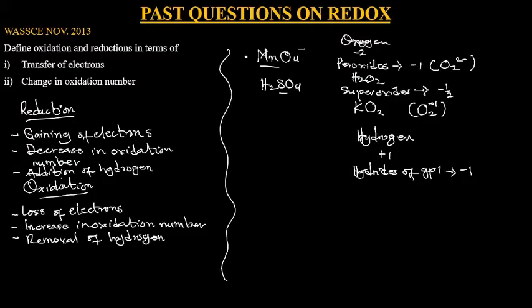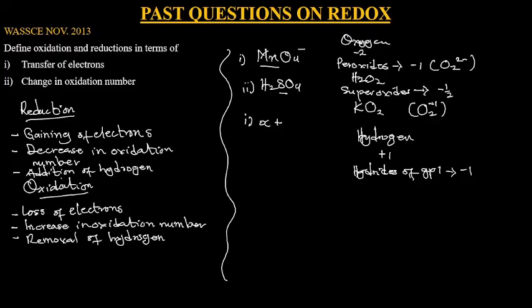So for example, in this particular example, you have MnO4 and you have H2SO4. Okay, so how do you find the oxidation state of manganese? So let's call the oxidation state of manganese X, and then we are adding everything, and then we'll equate it to whatever value we have here. All right.